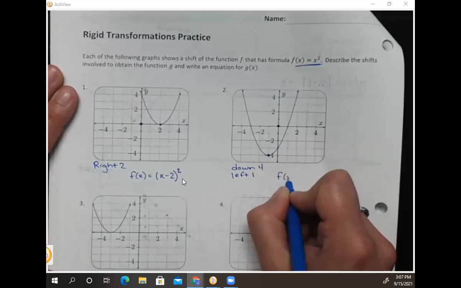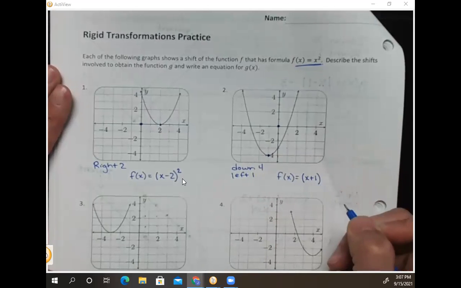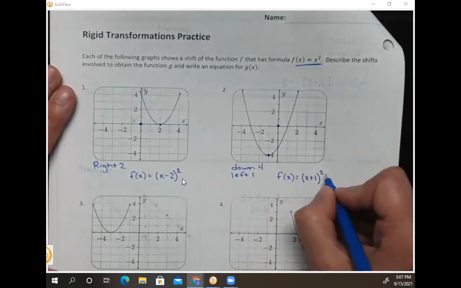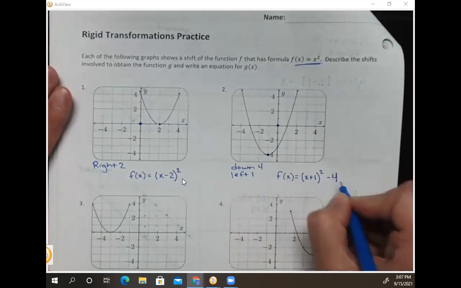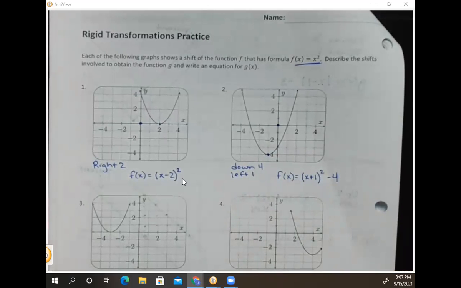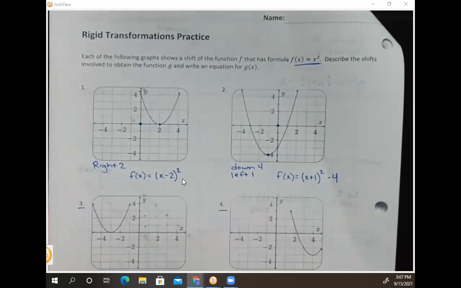So my function to describe this graph would be f of x equals x plus 1 to go left 1, throw the square outside, and then down 4, so minus 4 at the end. I want you guys to try 3 and 4.